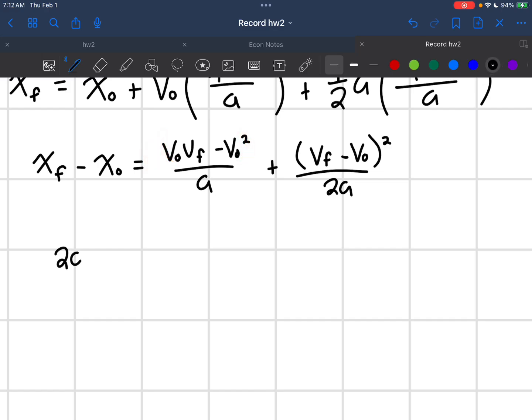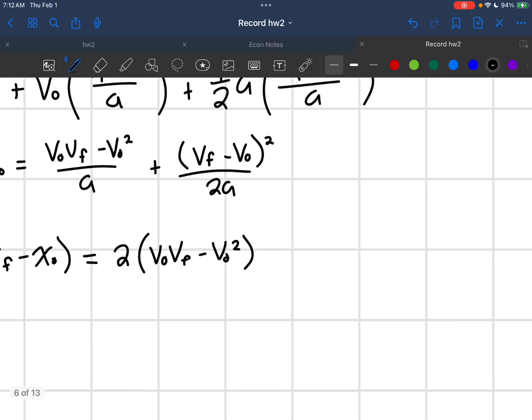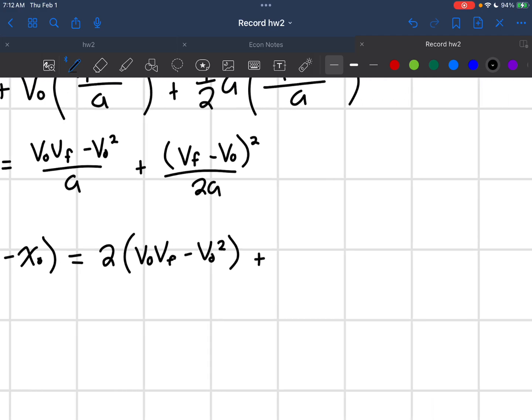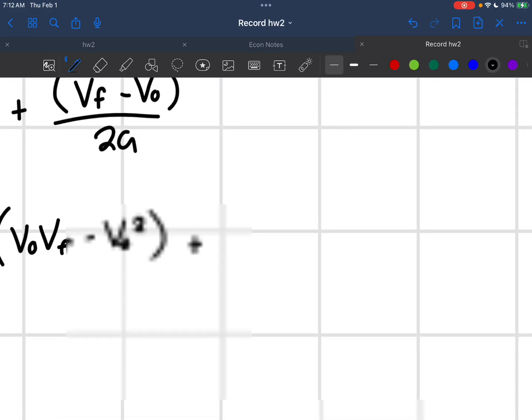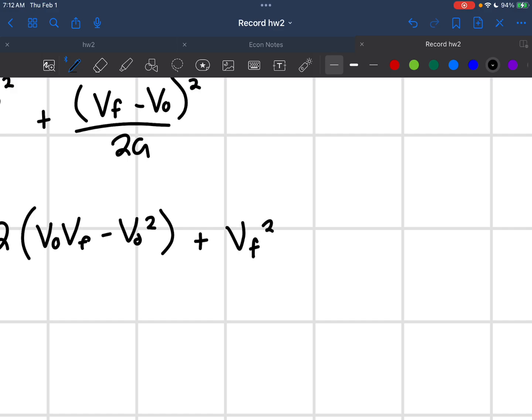So I'll have 2a times (xf minus x naught) equals 2 times v naught (vf minus v naught) squared. And then the only thing left, since my 2a canceled, would be foiling this out, which we did earlier. I'll let you look back at that, but it'll be vf squared minus 2 v naught vf plus v naught squared.